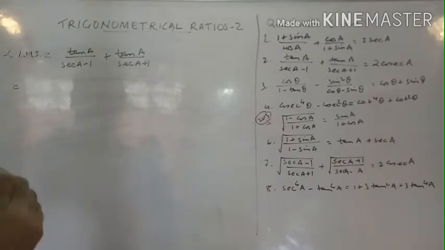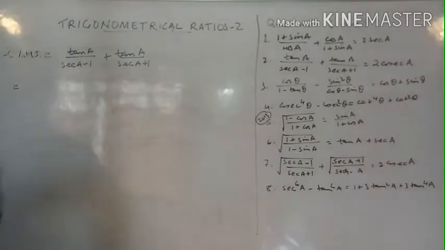If you get 2 by sin A, then you get 2 cosec A. So we change into sin and cos and simplify, it will be easier.